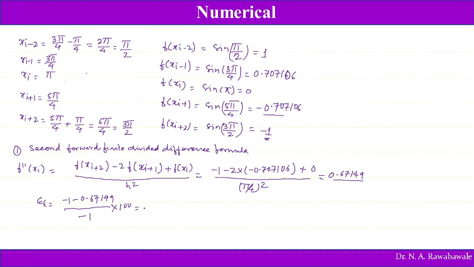So this error will be minus of 1 divided by minus 1 into 100. That is, the error is 167%.